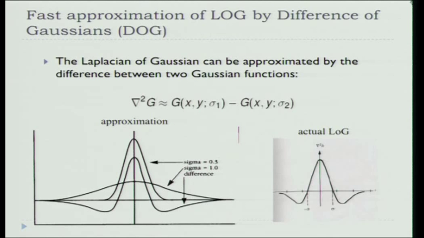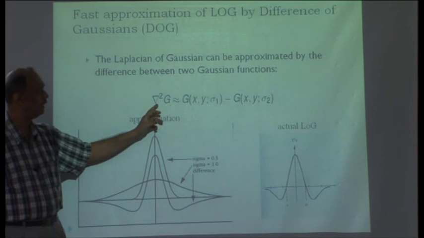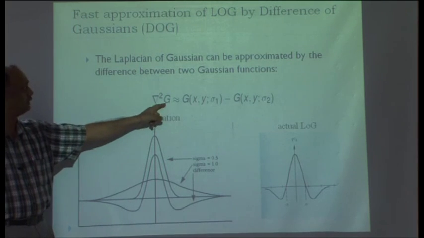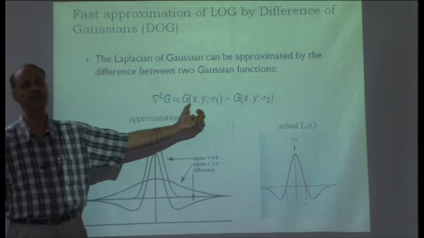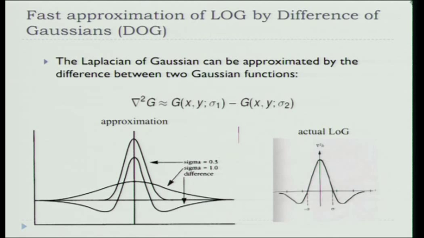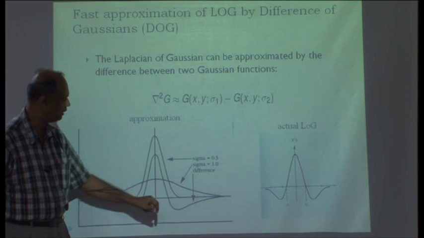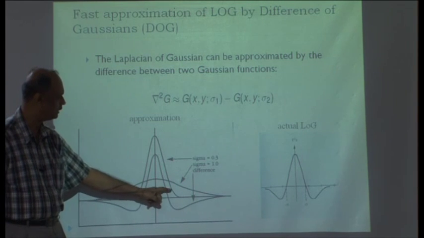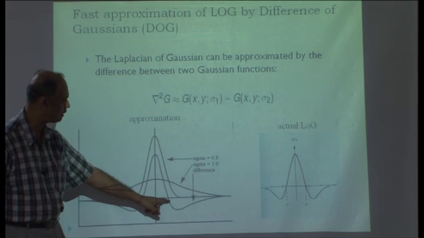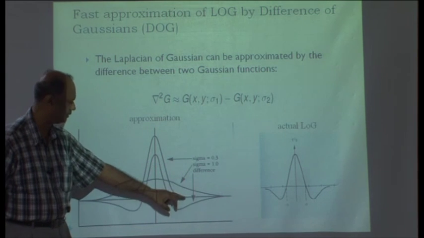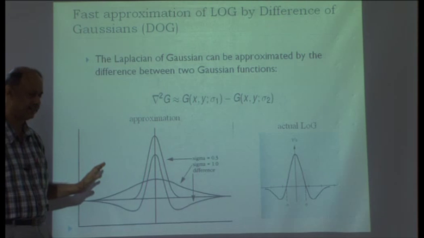Now, LOG can be estimated through the difference of Gaussians, which is known as DOG. Here LOG, that is del square G, is nothing but the difference of two Gaussian filters. These Gaussian filters depend on the value of sigma, as we told; the sigma gives you the filtering operation. Here sigma is 1 and here sigma is 0.3, and the difference of these two operators gives you the result, and you see the behavior looks alike.